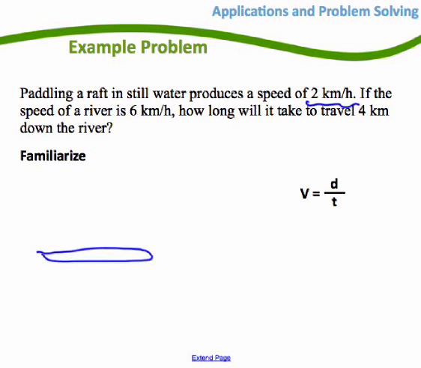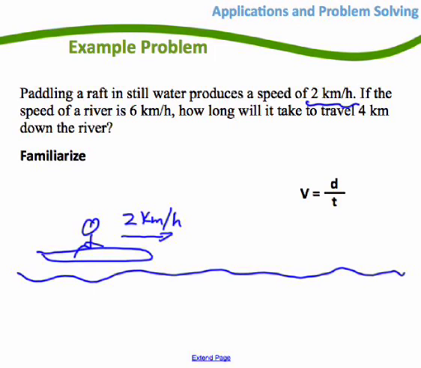Okay, well, here's a boat, and my paddler. And I can paddle 2 kilometers an hour. So if I'm going this way, I can paddle at 2 kilometers per hour. Okay, but then it says he's in a river, and the speed of the river is 6 kilometers per hour.